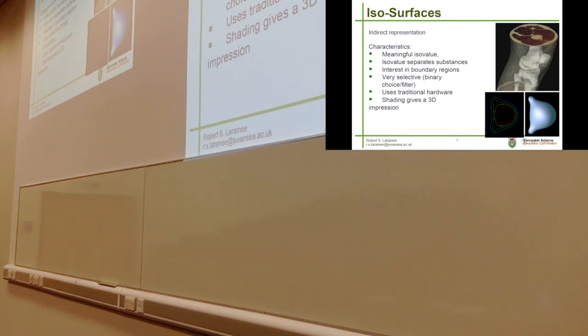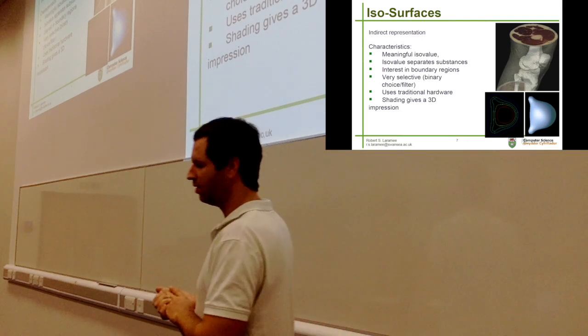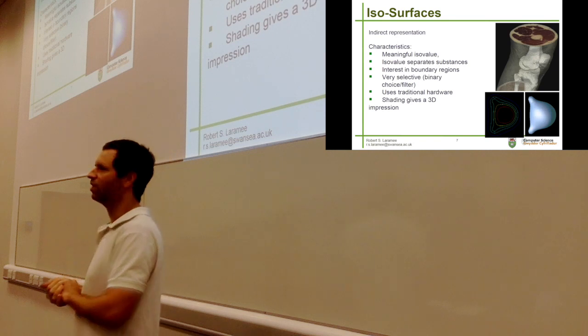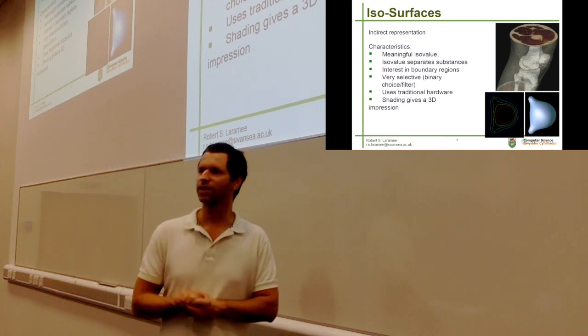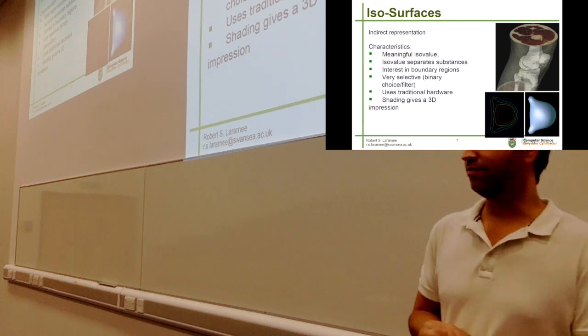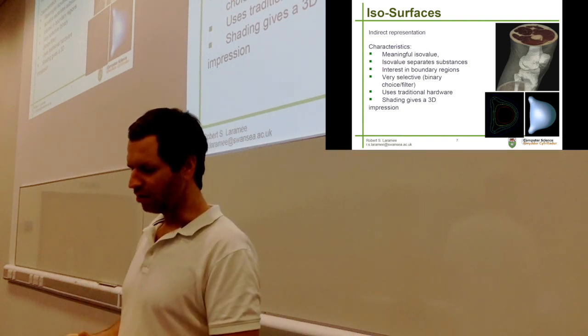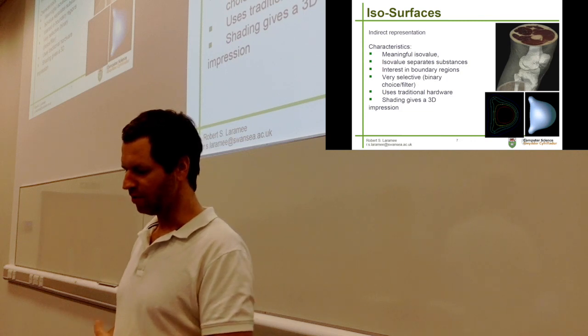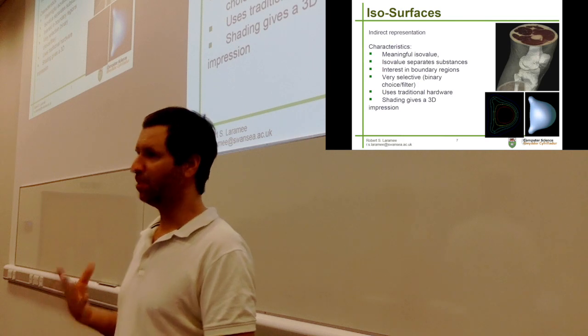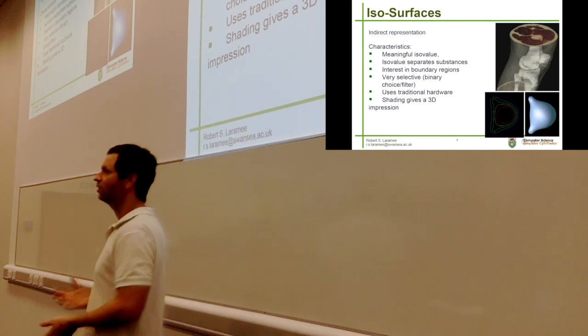And then all of your soft tissues have boundaries as well. And that's what medicine is, the study of those boundaries, essentially. That's kind of what life is, actually, the study of boundaries. So ISO values and isosurfaces represent boundaries, and boundaries are the most interesting subsets of volume data, period.